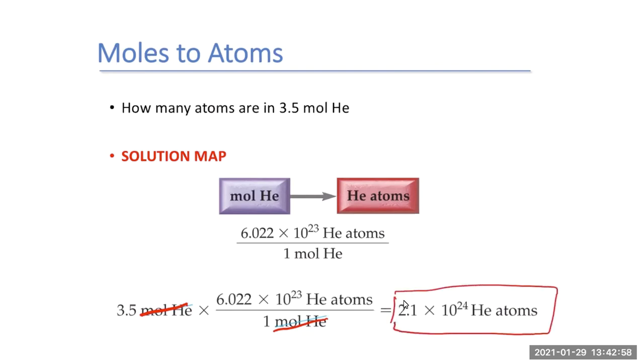And if we remember for our significant figures, whatever number we start with, so this one has two significant figures in it, is the amount we end with. So our answer should only have two significant figures. So not too bad, right? When you go between moles and atoms, you would multiply. If you go from atoms to moles, then you would divide.